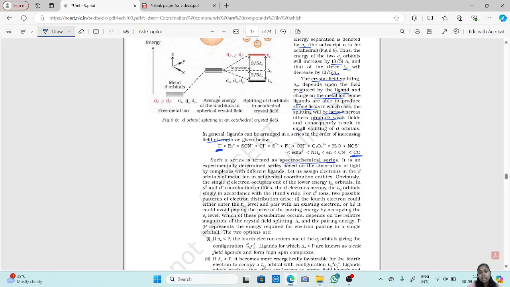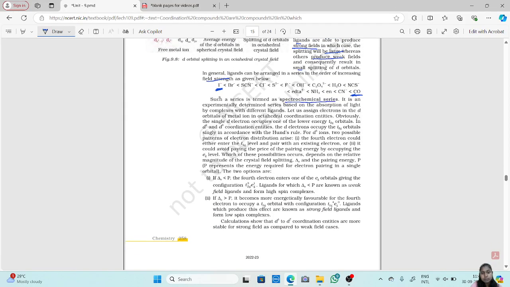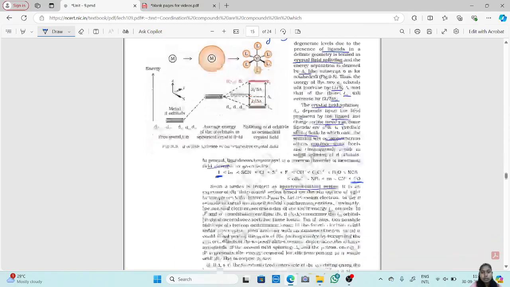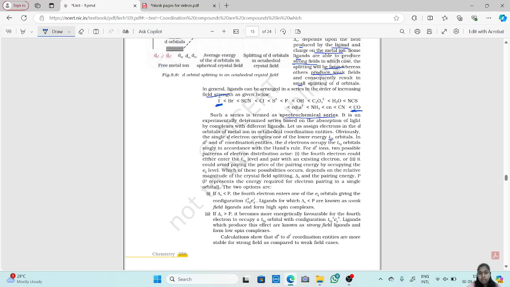Now let us assign electrons in the d orbitals of metal ions in octahedral coordination entities. Obviously the single d electron occupies one of the lower energy T2g orbitals in d1, d2 and d3 coordination entities. The d electrons occupy the T2g orbitals singly in accordance with Hund's rule. Here we will start filling up the d orbitals.